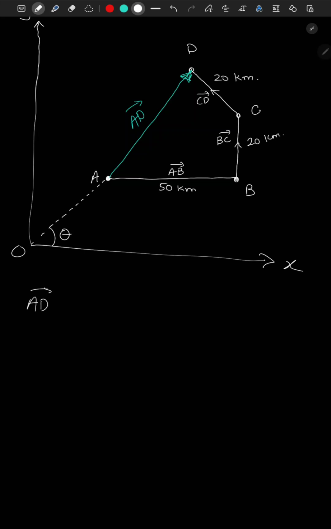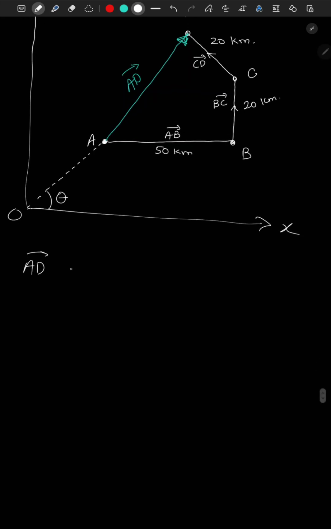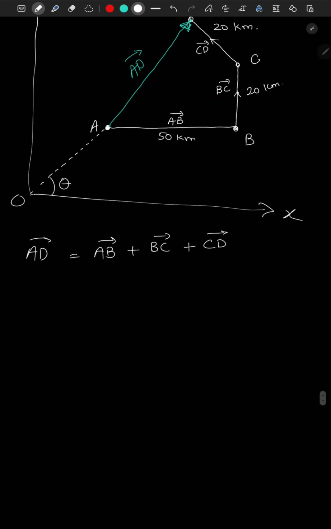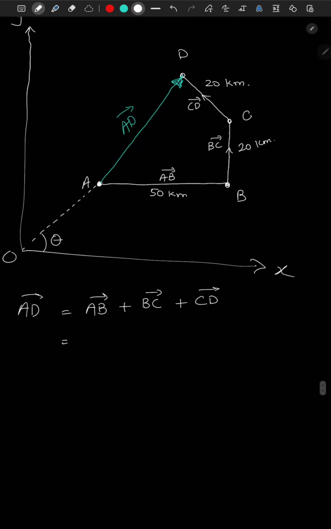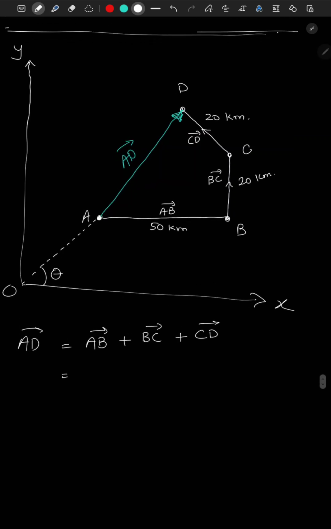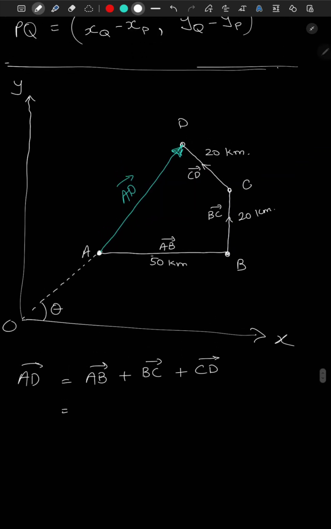So the three vectors are added: AB vector plus BC vector plus CD vector. And of course we have the components. AB is in the direction of the x-axis.